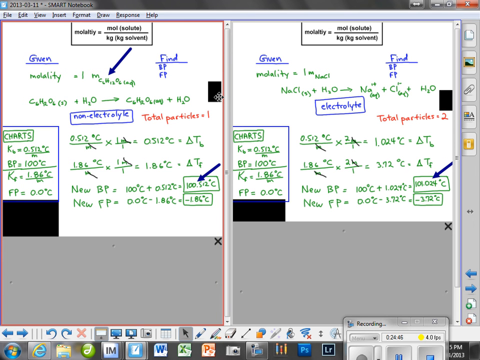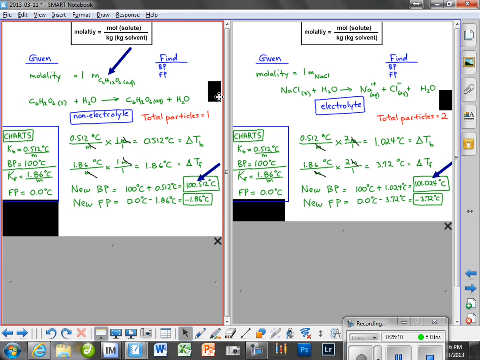Okay, so there you're seeing how you're actually going to use the molality to calculate how much the freezing and boiling points will go up or down. The boiling point goes up and the freezing point goes down. You'll calculate exactly how much that will be based on how much you put in there.